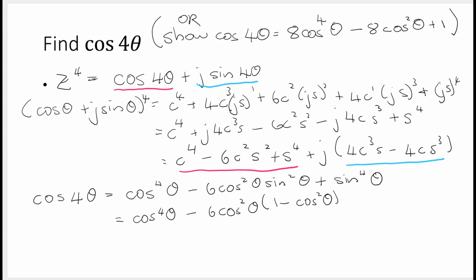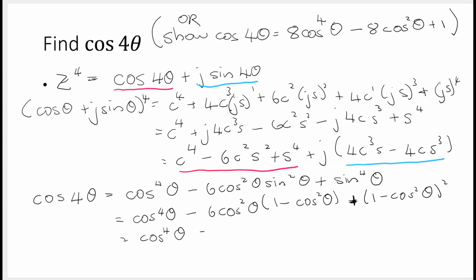And if I look at where I'm supposed to be heading, all of my answers, all of the bits are in terms of cos, so I need to change sine to the 4 theta into sine squared theta squared, and sine squared theta is 1 minus cos squared theta squared. Nearly there. So now we just need to get rid of those brackets.